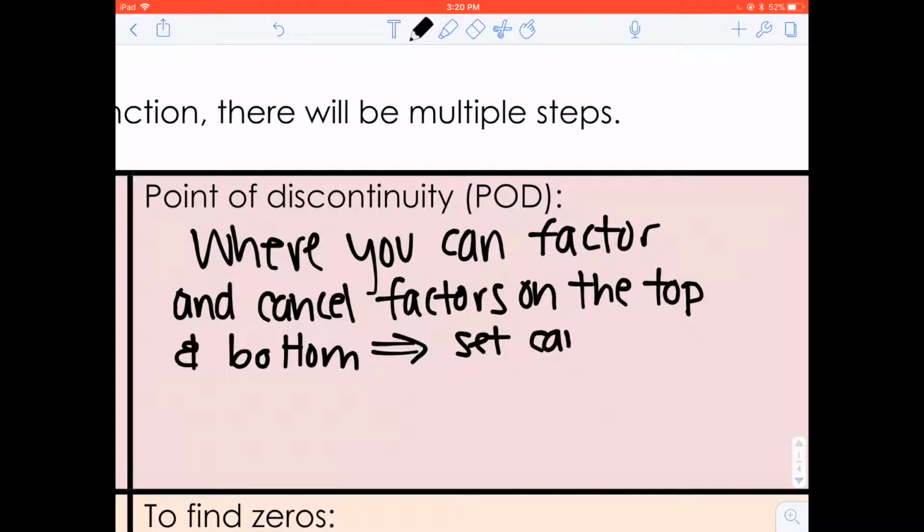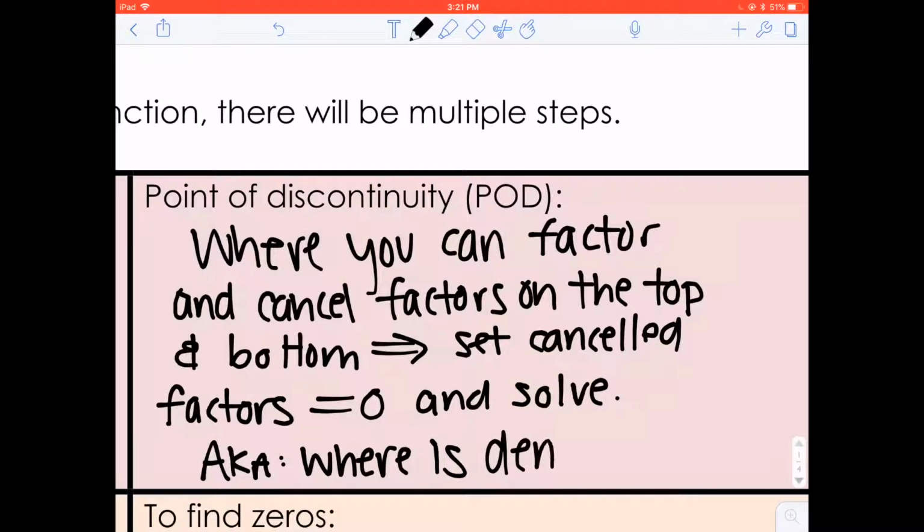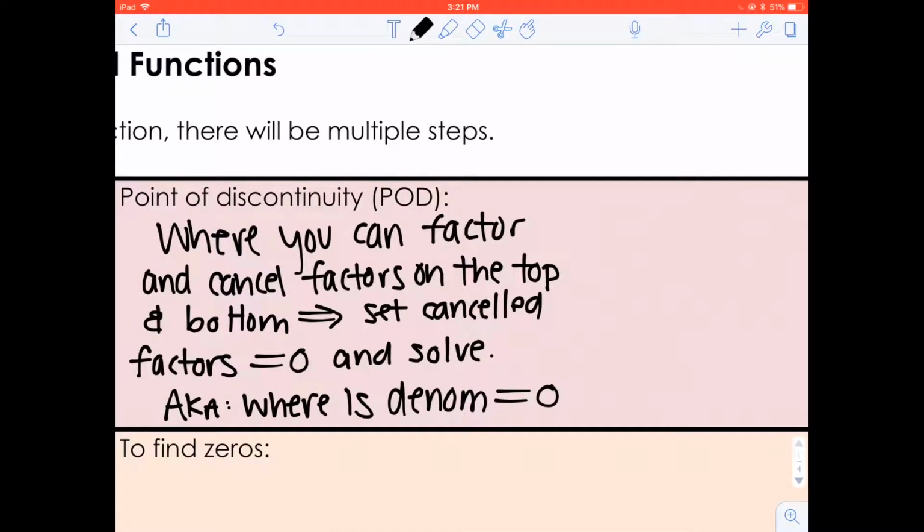Set canceled factors equal to 0 and solve. Basically, this is going to be the conditions that will make your denominator 0. Okay, so if we cancel these, where is the denominator 0?